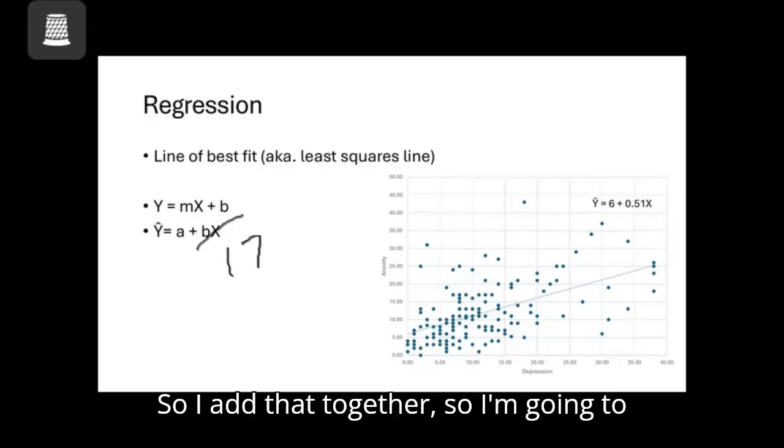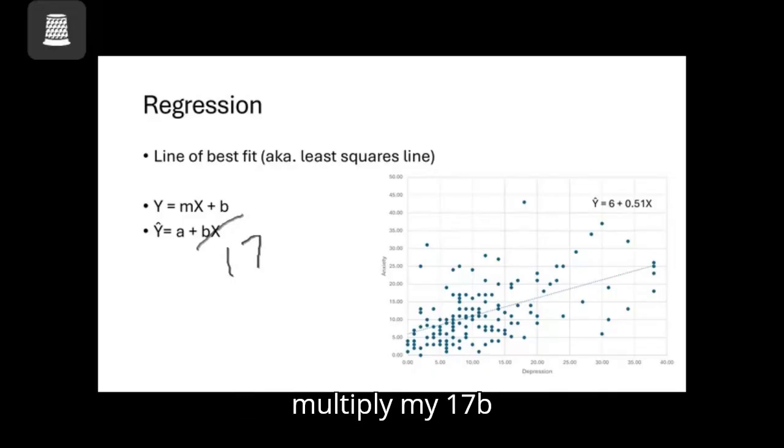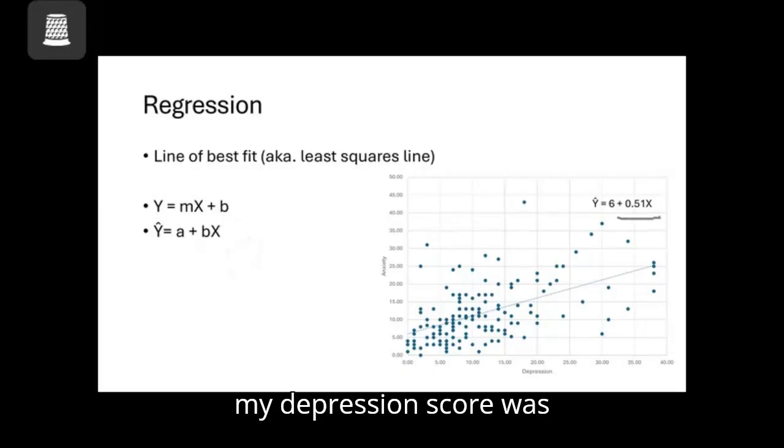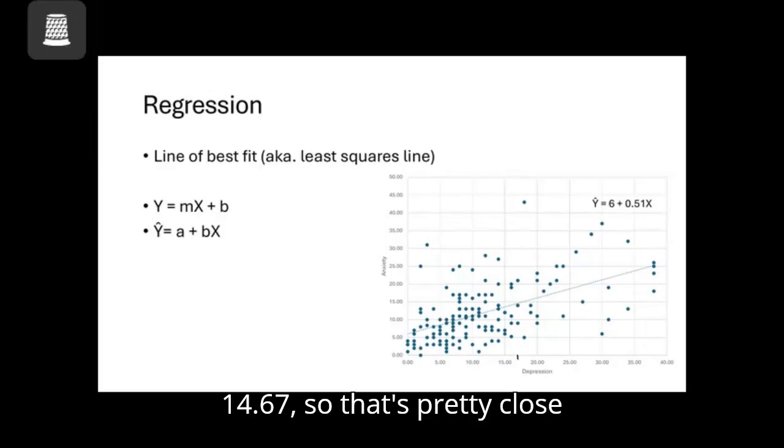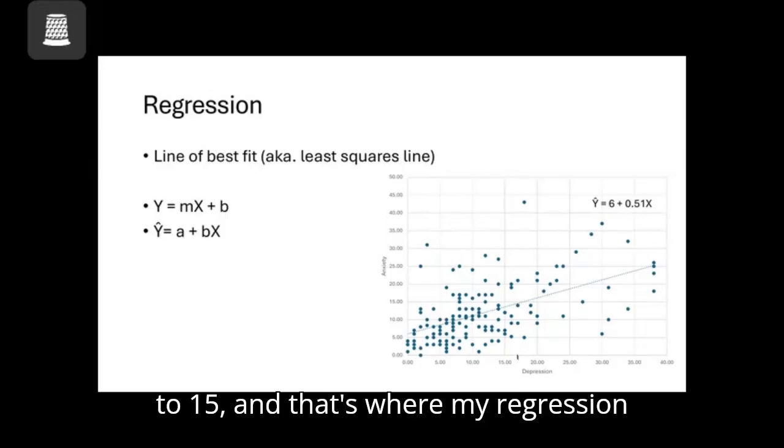So I multiply my 17 times b, which is right here, that 0.51, and then add 6. So my predicted score, if my depression score was 17, my anxiety score should be 14.67 when I put that in. So 17 would be about here, and then we go up and we're getting 14.67. That's pretty close to 15, and that's where my regression line is.